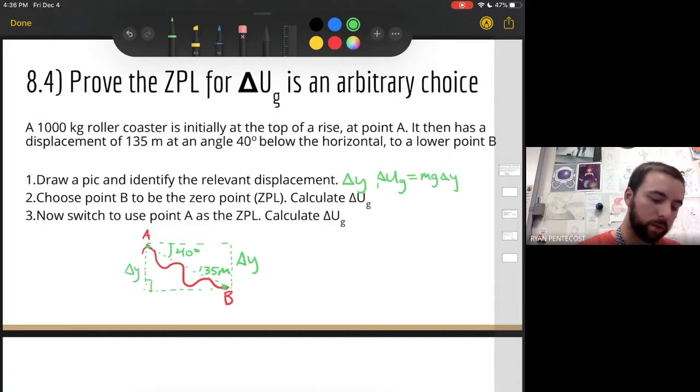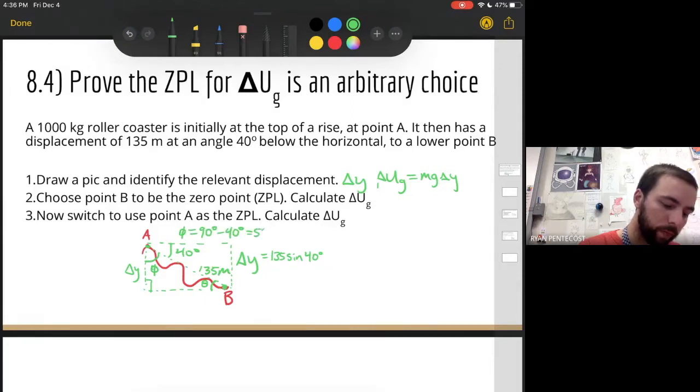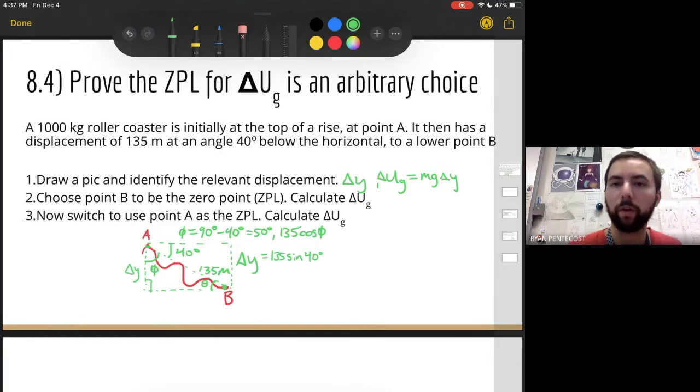We can find that delta y is 135 times sine of 40, using SOHCAHTOA. You can also see that this would be angle theta, so it would be 135 sine 40. Or you could use this angle phi and say that phi is 90 degrees minus 40 degrees, and then use 135 cosine phi instead of sine theta. Just three different ways to find that relevant displacement.